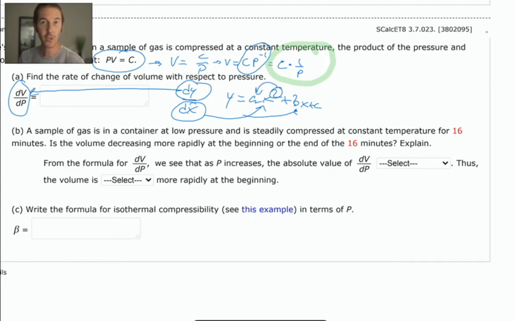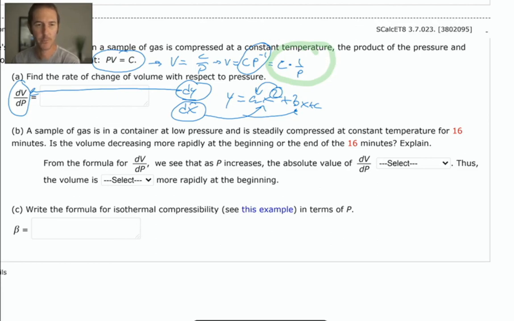So there's a lot of change happening in this problem, but try to go through and just write a couple of things out and be thinking about the different relationships of what's changing and how, as that thing changes, it affects the other values that are part of the dV/dP equation, rate of change of volume with respect to pressure.